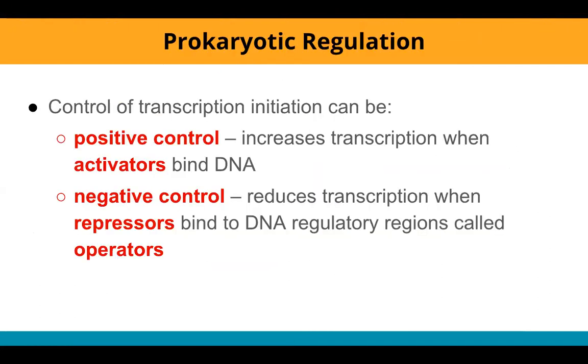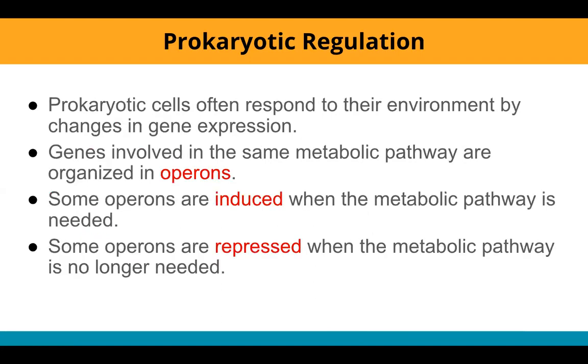Further discussing prokaryotic regulation, specifically transcription initiation control, it can be positive control or negative control, based again on our principle that when we say positively regulated, there are activators present. When we say negatively controlled, we have the presence of repressors.